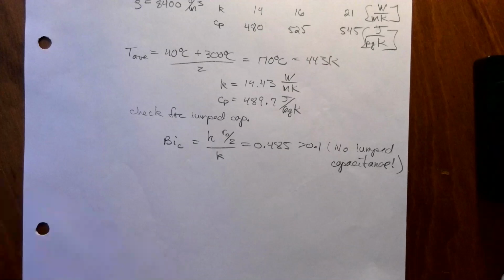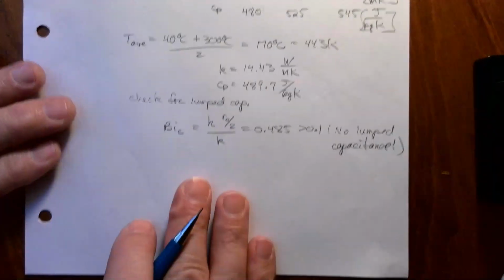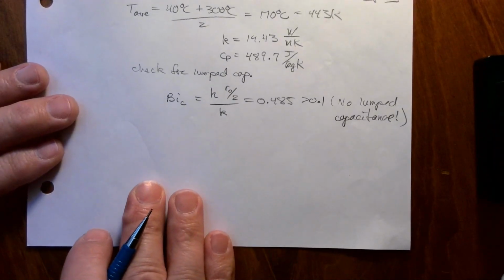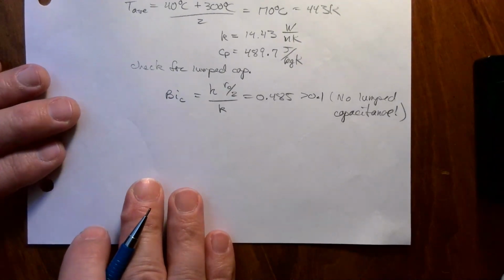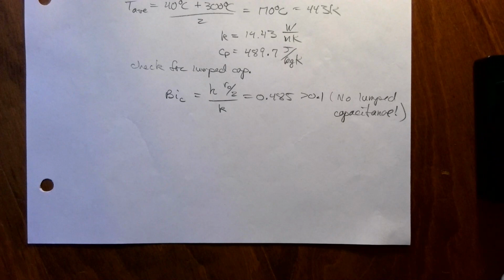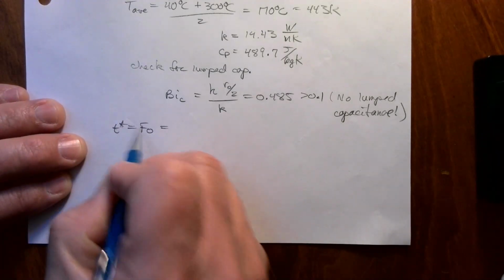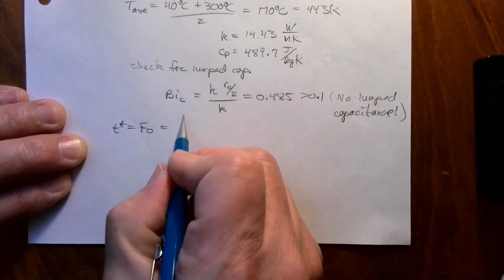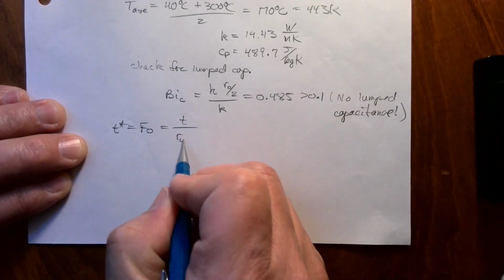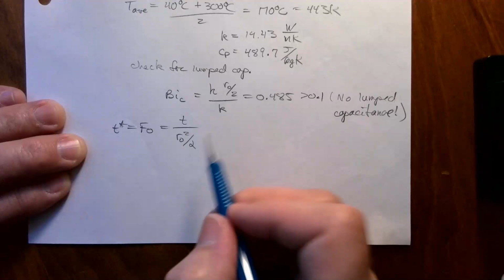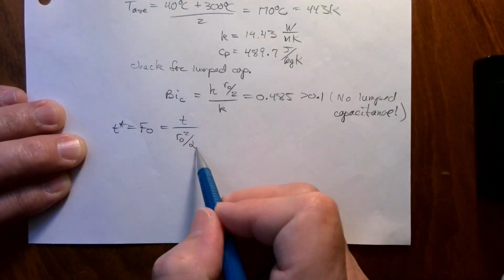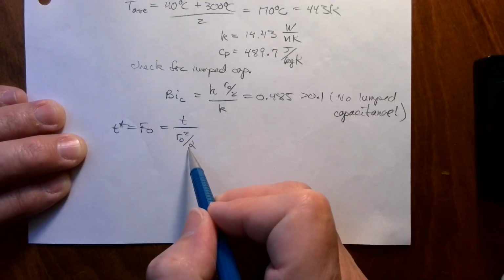The next question actually is going to be, can we do a one-term approximation when we include our spatial analysis? So we know that the duration of this experiment is 5 minutes, so we can go ahead and calculate a Fourier number, right? t star is equal to the Fourier number. That's t divided by r naught squared over alpha. That's our time scale in this problem.